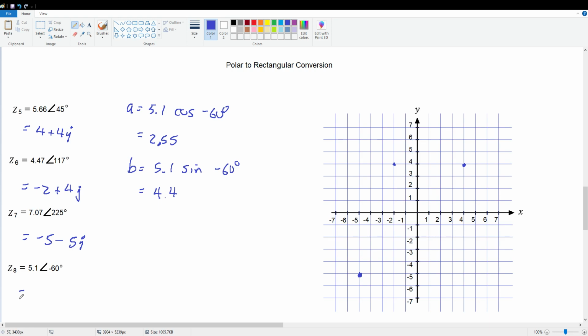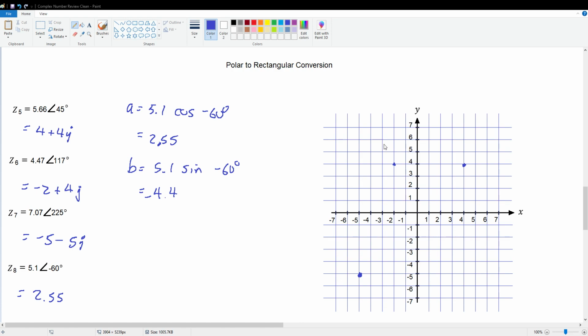So Z8 is approximately equal to 2.55, and that was minus, I believe. Let me double check that. I'm getting minus 6. I forgot to enter the minus sign for that, didn't I? 60 negative. Let's try the cosine. I think we're good. 0.5, okay, and 60 negative, we take the sine.